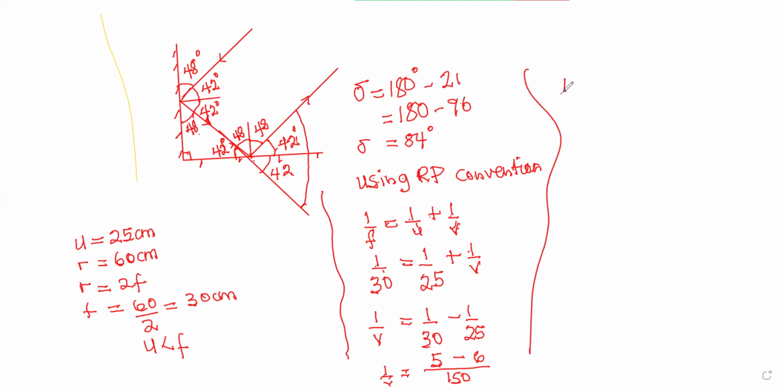So 1 on V is equal to negative 1 on 150. V is equal to negative 150.